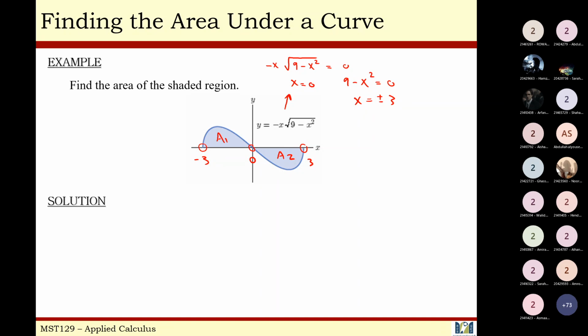So we have two areas. We need to find the two areas. The total area equals area 1 plus area 2.